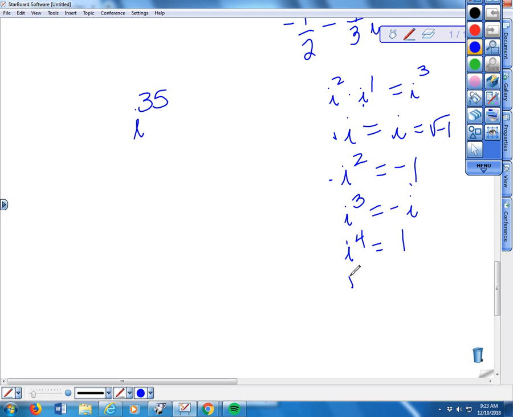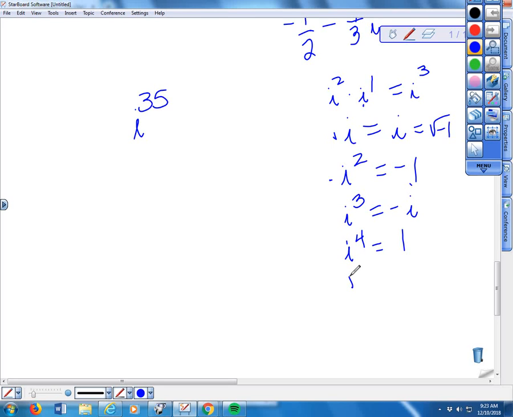Okay, so if you can figure out how many times 4 goes into your exponent evenly, don't even worry about how many times. Once 4 goes into your exponent evenly, whatever the remainder is becomes the exponent of i. So 4 goes into 32 evenly with a remainder of 3.